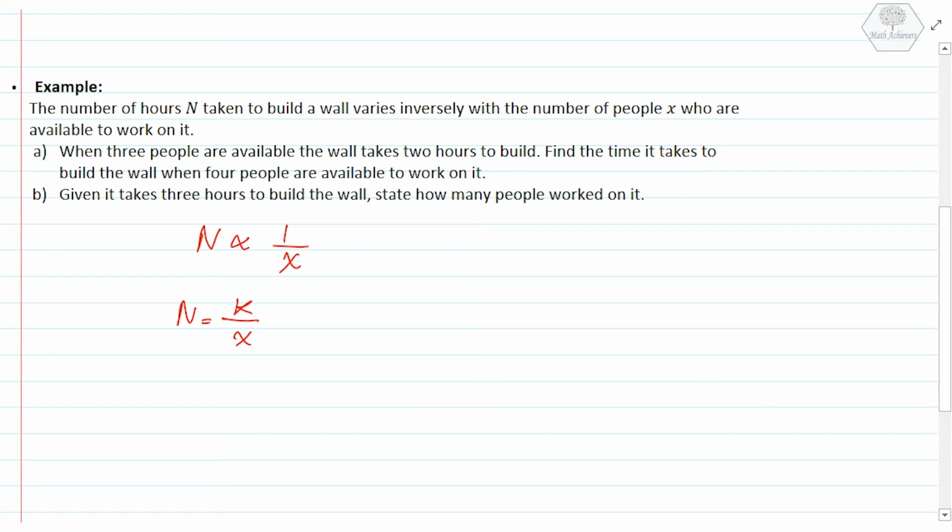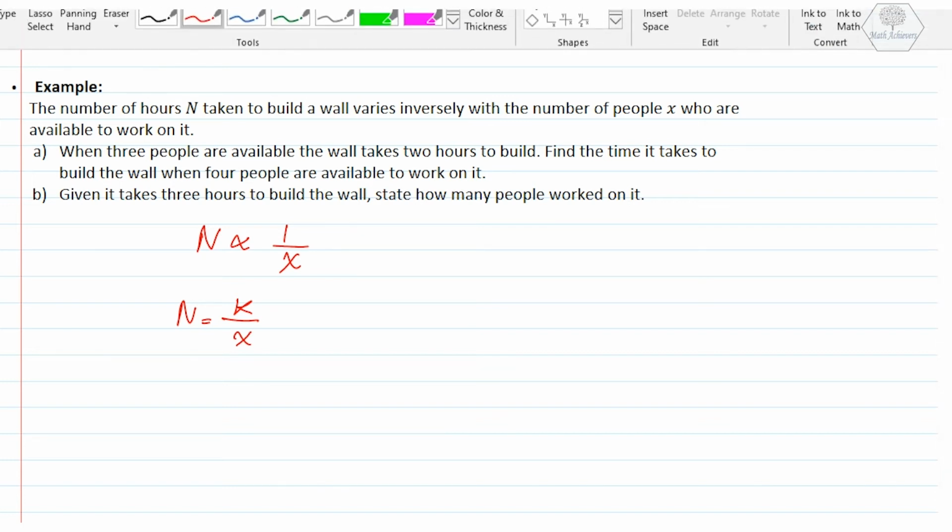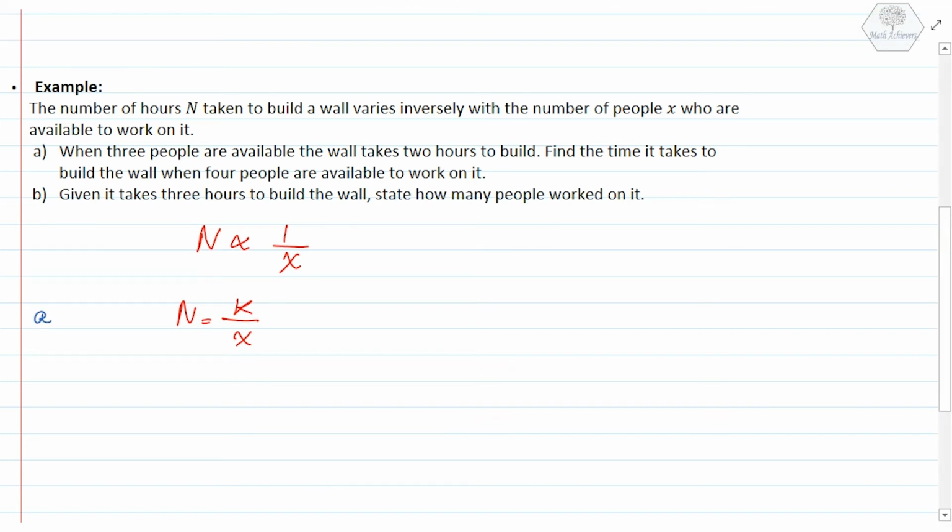For part A of the question, when 3 people are available, the wall takes 2 hours to build. Find the time it takes to build the wall when 4 people are available. The first thing, we have to find the value of k.